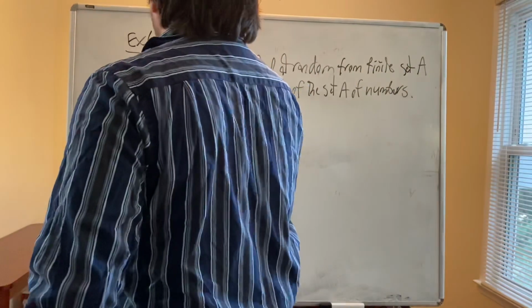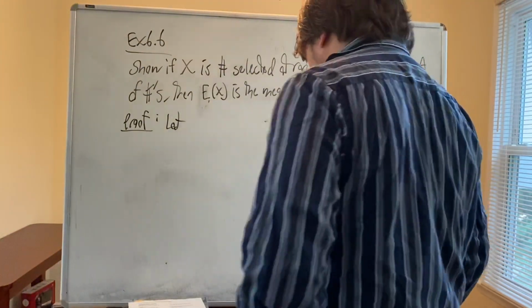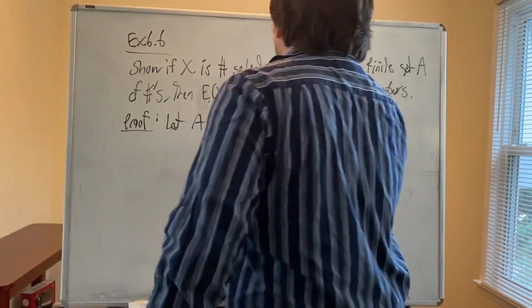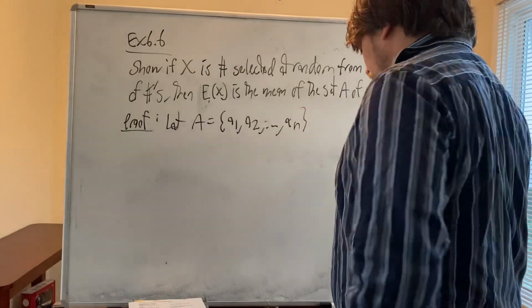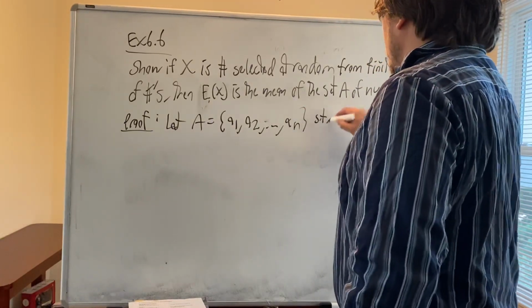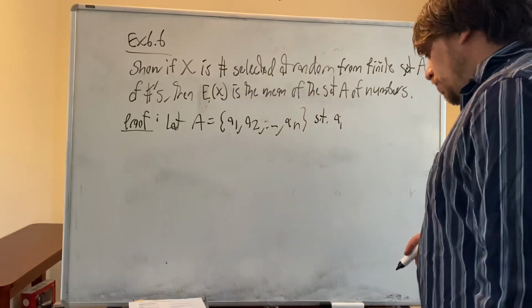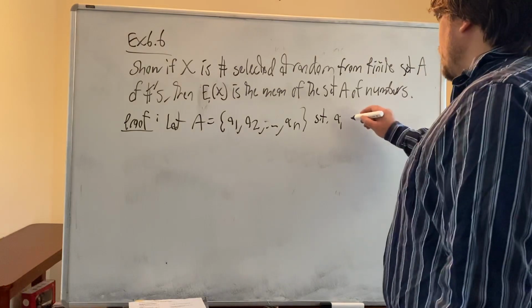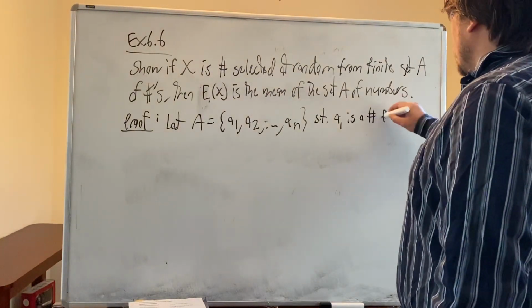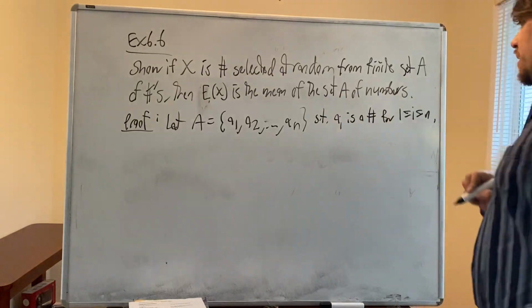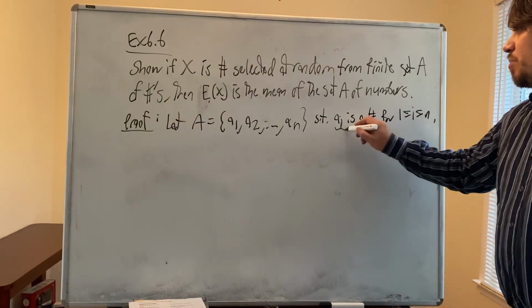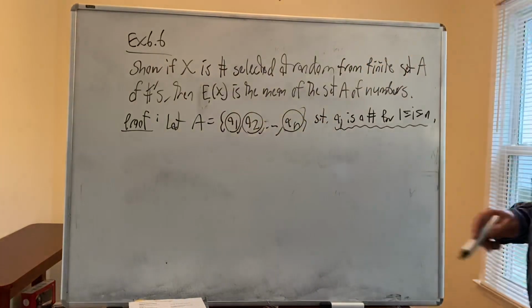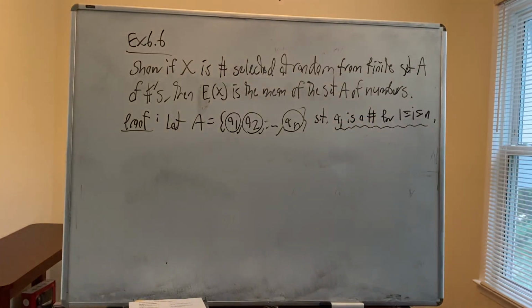Okay, so let capital A equal {a1, a2, ..., a sub n}, such that a sub i is a number for 1 less than or equal to i less than or equal to n. That means that each of these a's are numbers, a1 to an. That's what that notation is saying, that those a's in the set capital A are numbers.